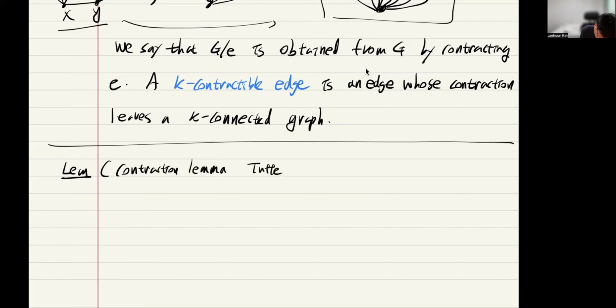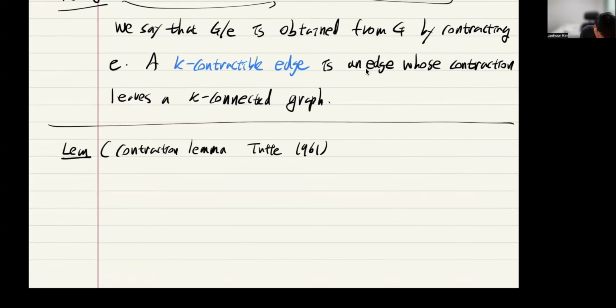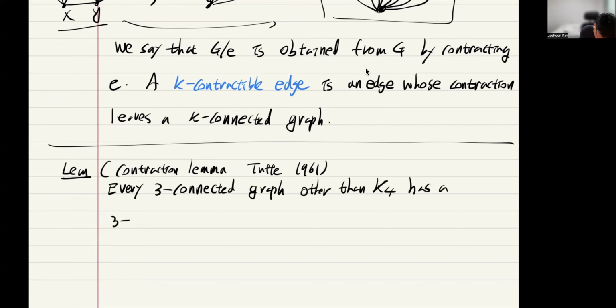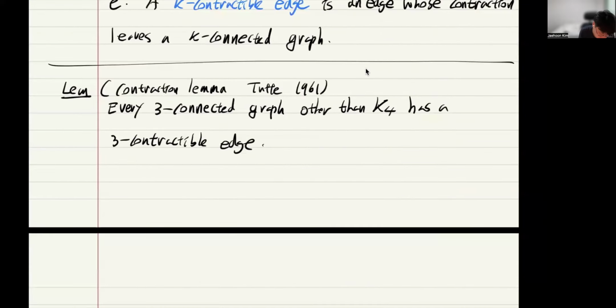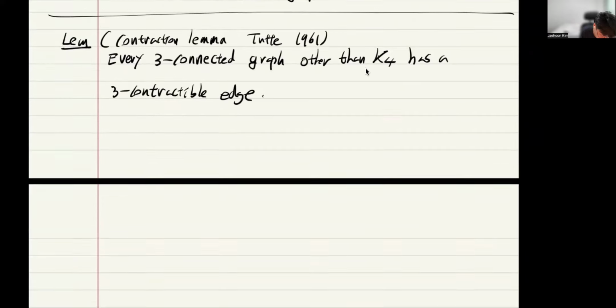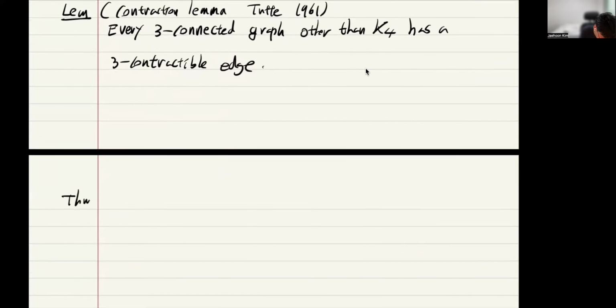And with this definition, we can prove the following lemma, called the contraction lemma, proved by Tutte in 1961. He proved that every three-connected graph other than K4 has a three-contractible edge. Before proving that, what is the consequence of this lemma?